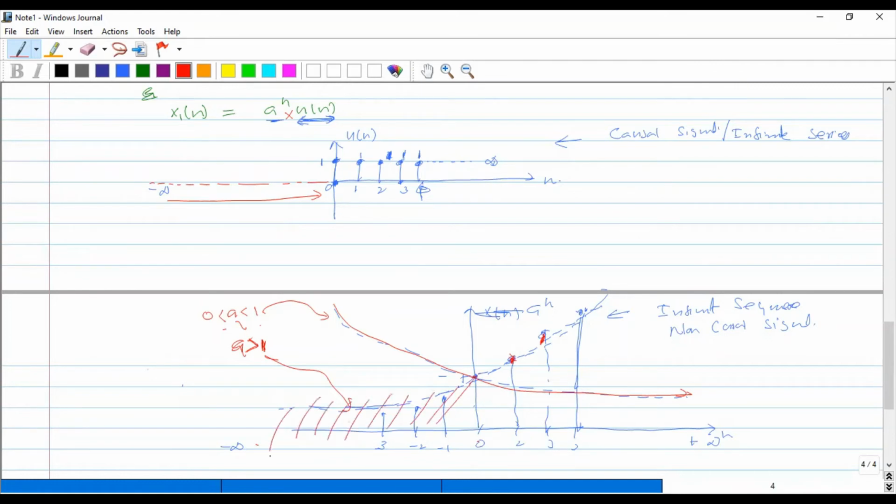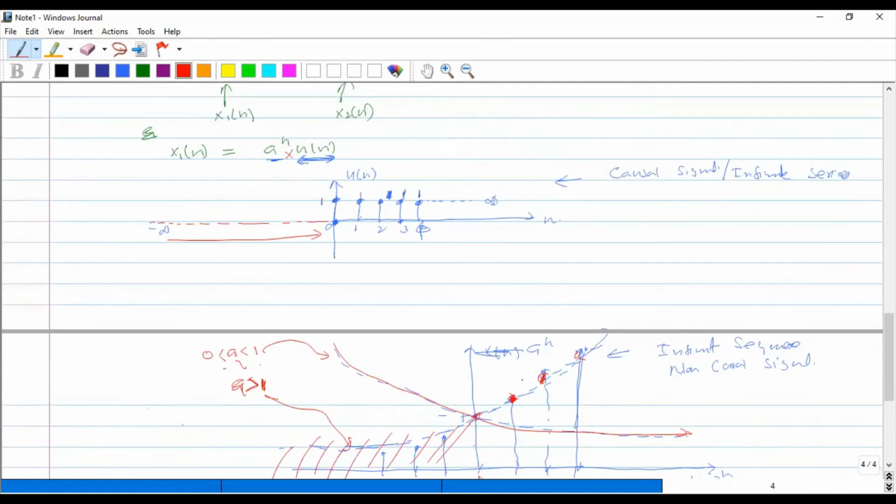As a result, we get only the 0 to plus infinity values. The other values disappear.